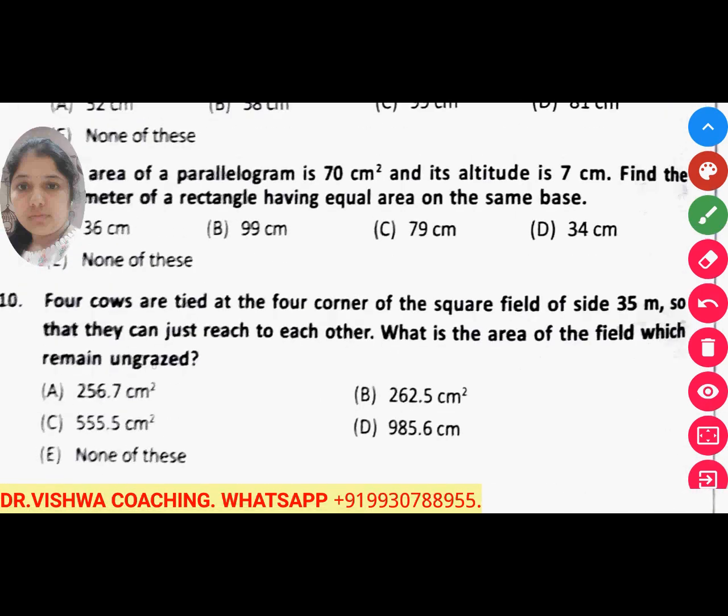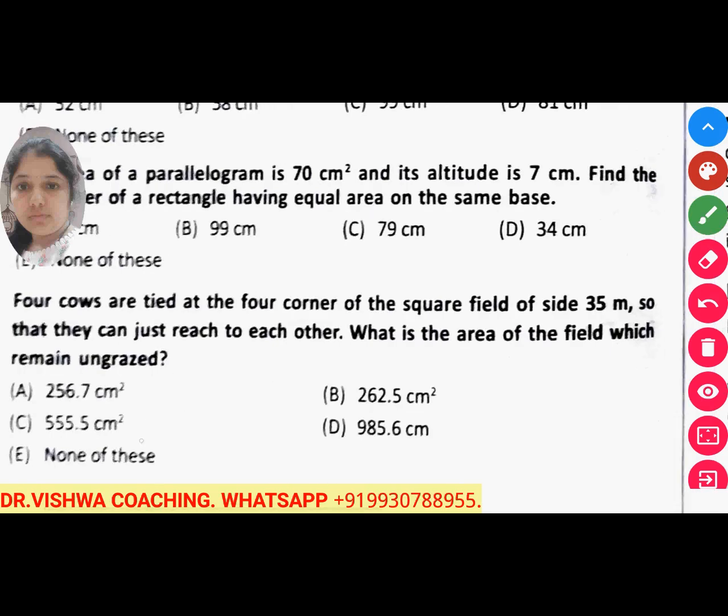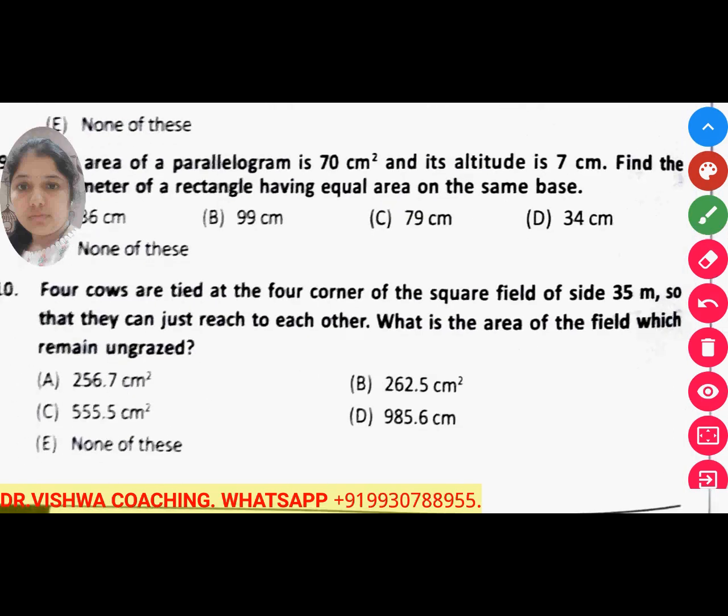Now 4 cows are tied at the 4 corners of a square field of 35 meter so that they can just reach each other. What is the area of the field remaining ungrazed?